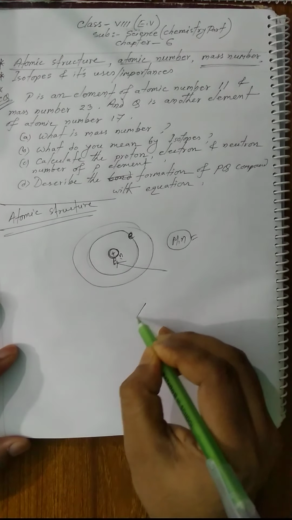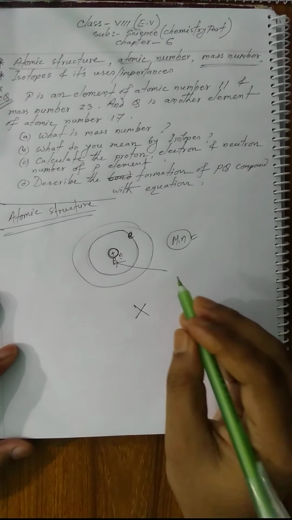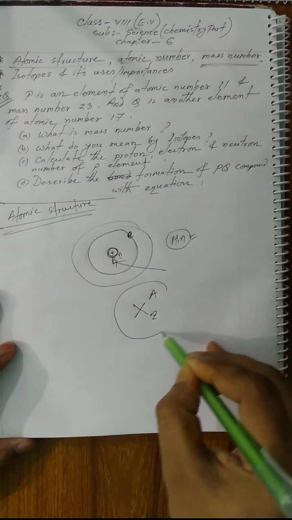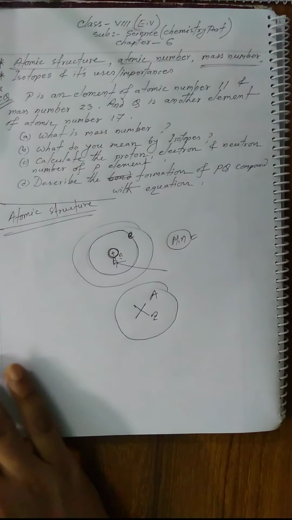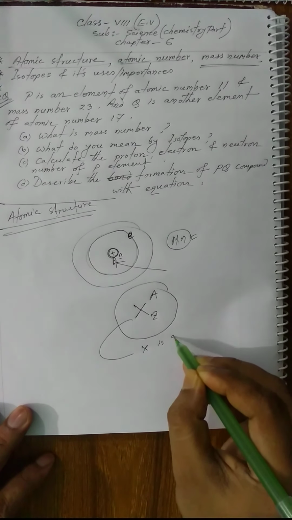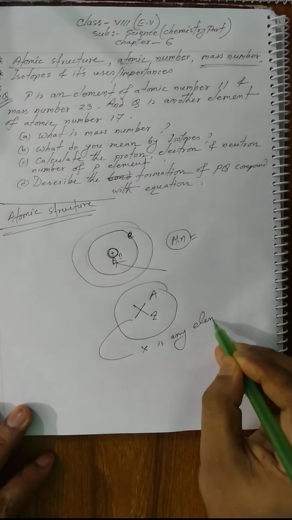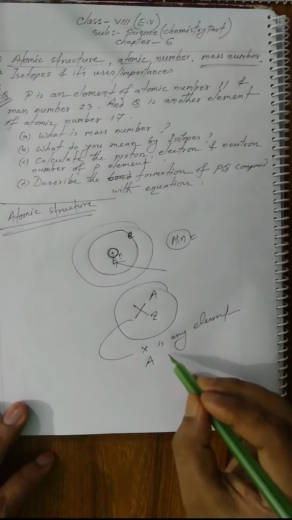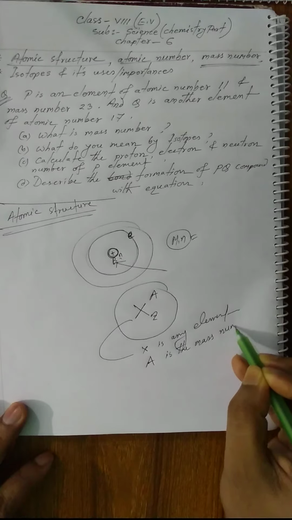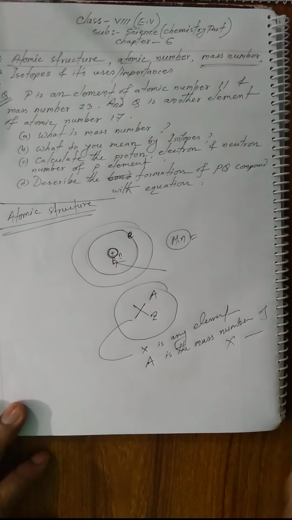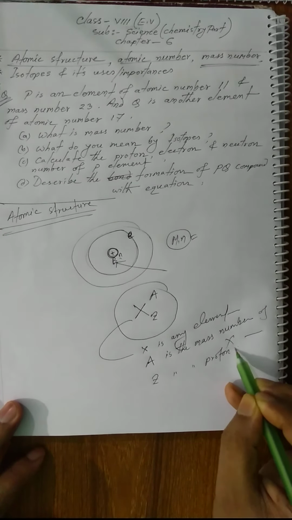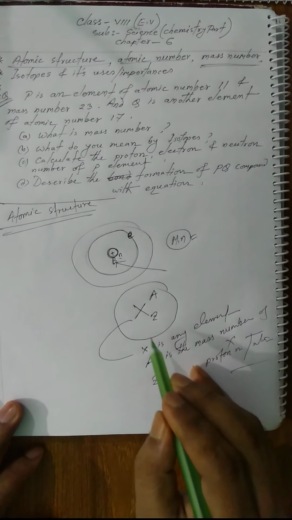Now if an element is given, this is the symbol of an element, where X is any element, A is the mass number of X element and Z is the proton number or atomic number of that X element.